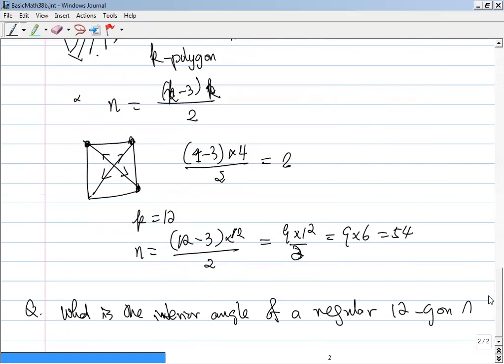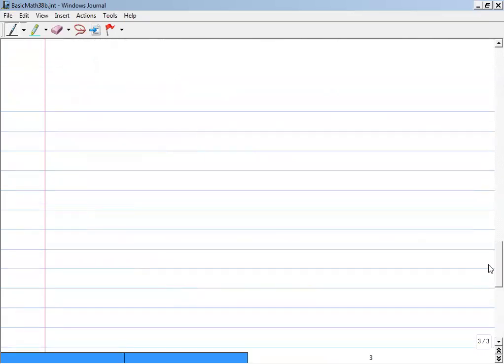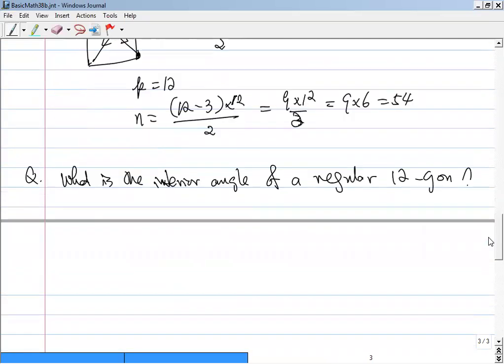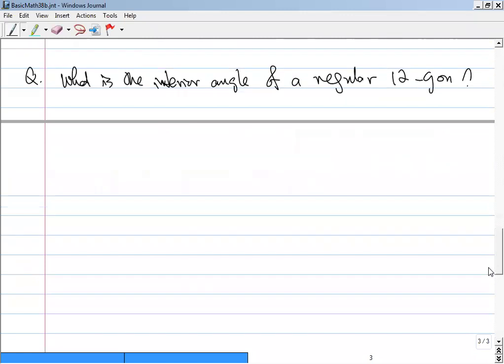Regular means all the sides are equal, so all the interior angles are the same. 12-gon, 12 sides. Each angle is the same, so we don't know it yet. The sum of the interior angles, that's my hint.